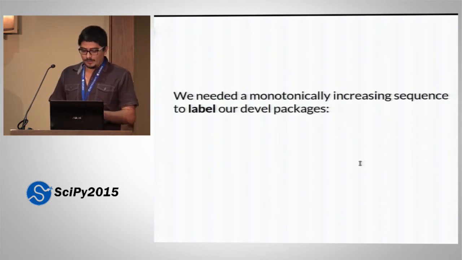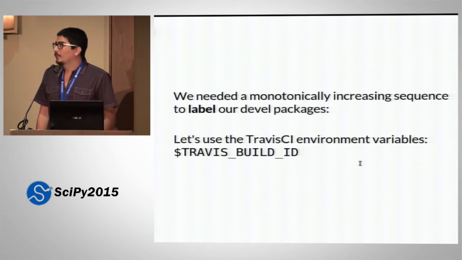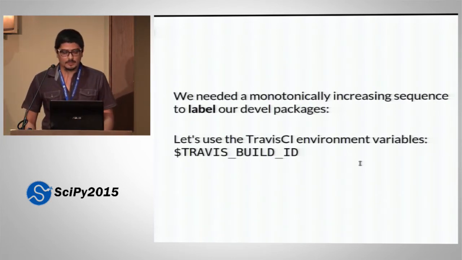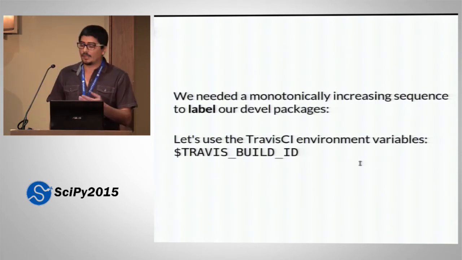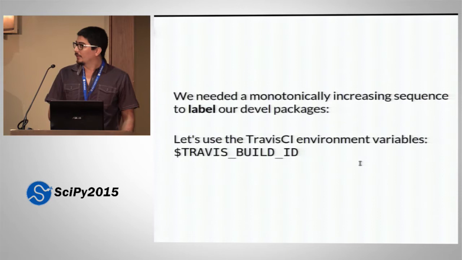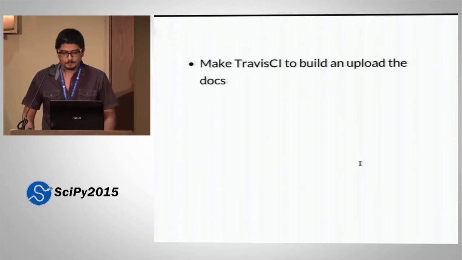And to do that, we use a Travis CI environment variable called Travis build ID, which essentially does that. We use other Travis CI environment variables too. We will see that later.